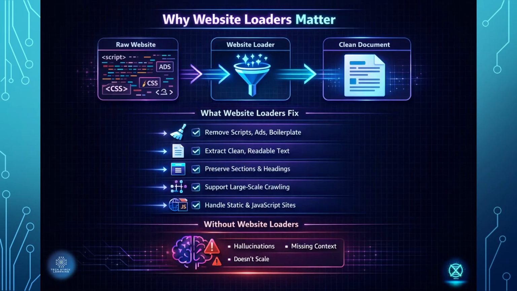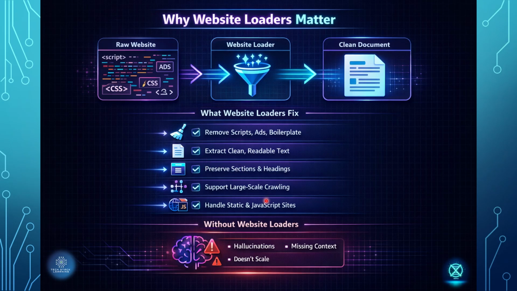So why are these website loaders important? Because websites are one of the largest and most valuable sources of knowledge. But raw HTML on its own is not useful for any LLM. Website document loaders solve this problem by removing scripts, ads, and boilerplate content, extracting clean and readable text, and preserving the structure, sections, and headings so the meaning is not lost.